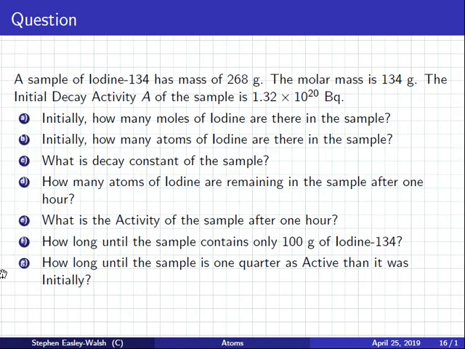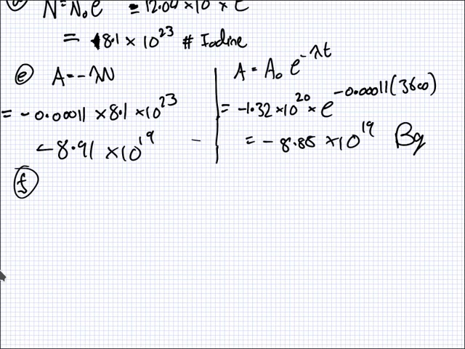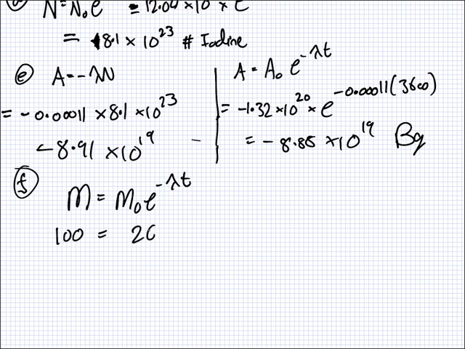How long until you have only 100 grams? So you can also say M equals M0 e to the minus lambda t. So this is 100 grams, this is 268 grams, e to the minus 0.00011 t.